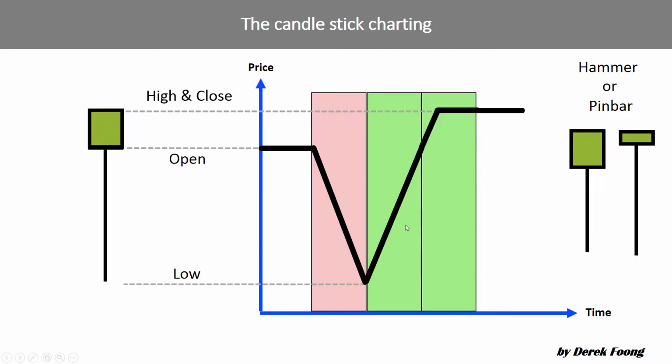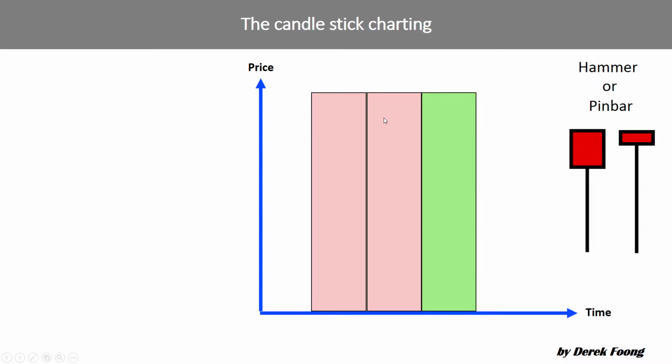So this means the bears take the price lower until a point that the bulls are ready to take charge. Once the bulls take this up in a very short amount of time, there's a lot of commitment coming from the bulls, and the price did not stall in this entire movement up. That signifies a lot of commitment from the bulls, and it manages to close on top of the opening price.